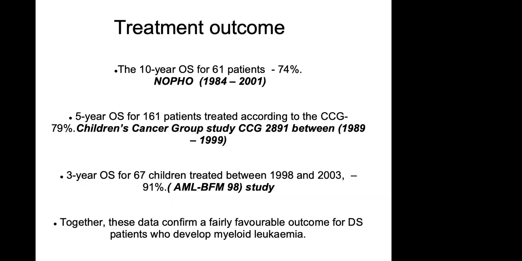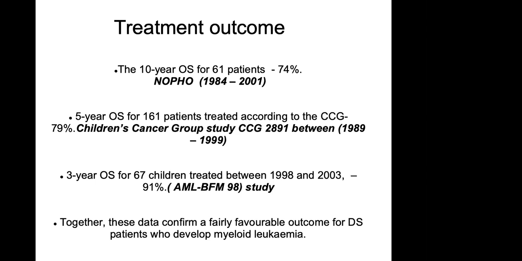Okay, so these are a few outcomes from various groups. In the NOPHO trial, between 1984 and 2001, you can see an excellent outcome of 74%. In the Children's Cancer Group, CCG, there is a 79% overall survival, 5-year survival, against the normal patient with AML, where you expect around 60 to 65%.